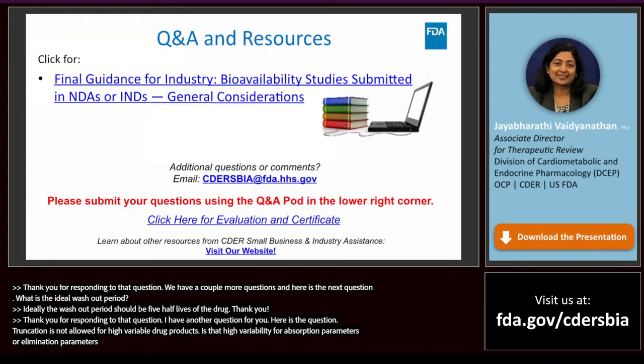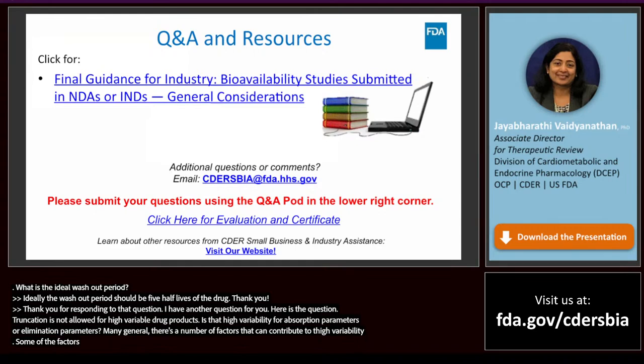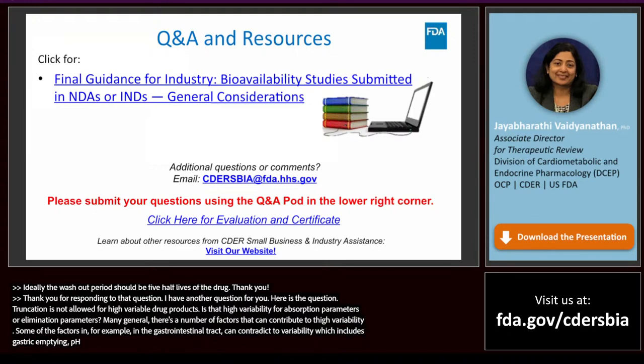Thank you. Yes, truncation is not recommended for highly variable drugs. In general, there are a number of factors that can contribute to high variability. Some of the factors in the gastrointestinal tract that can contribute to variability include gastric emptying, the intestinal transit time, the pH, or even presence or absence of food.